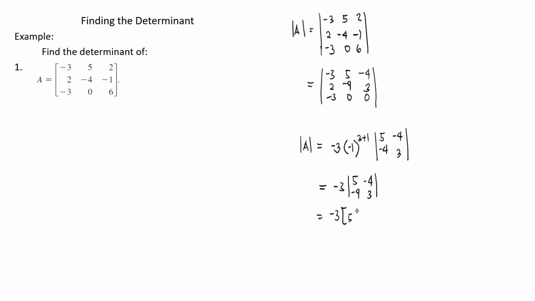This is 5 times 3 minus negative 4 times negative 4. So this is 15. And then minus 16. So that's negative 1. Times negative 3 equals positive 3. Therefore, the determinant of A is equal to 3.